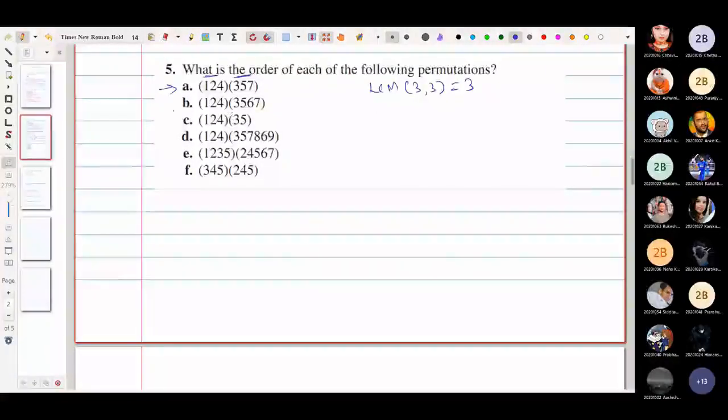Fine. And then you can see the second one, (1 2 4) and (3 5 6 7). So here also it is very clear that both are disjoint cycles. The order of the first cycle is 3 and the second one is 4. So what is this? 12. Okay, and then next, what about C?